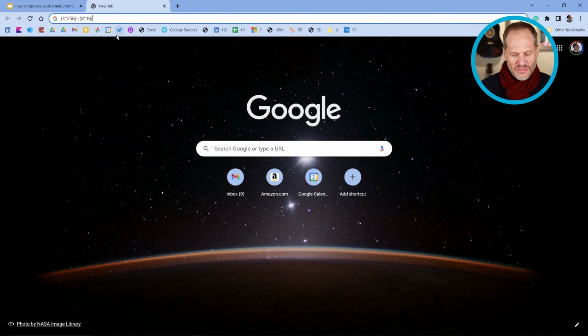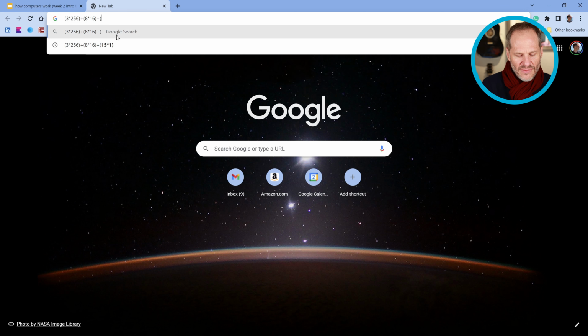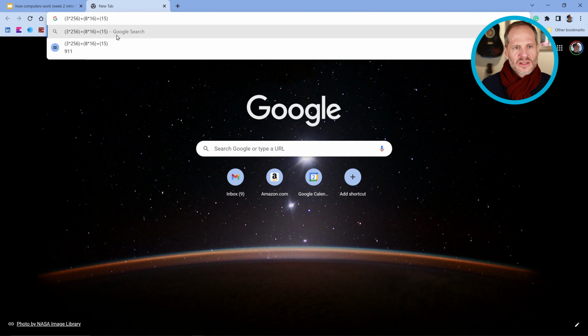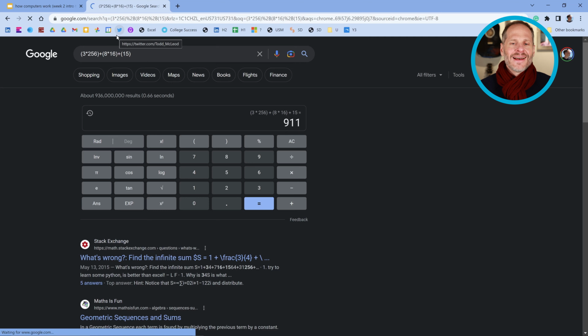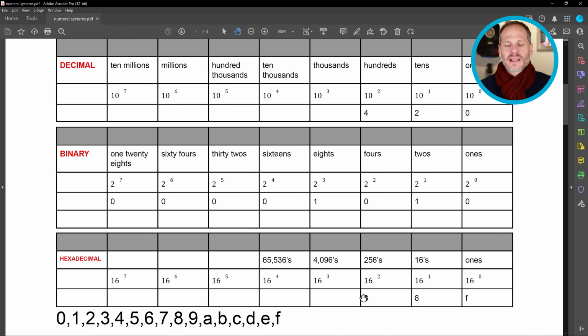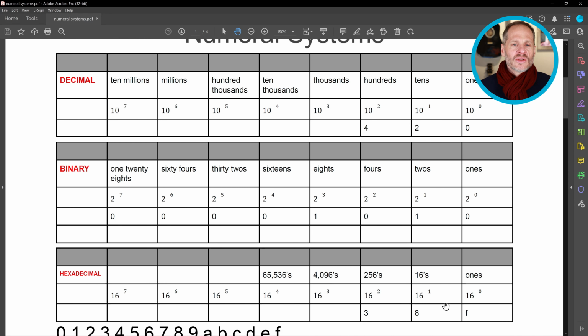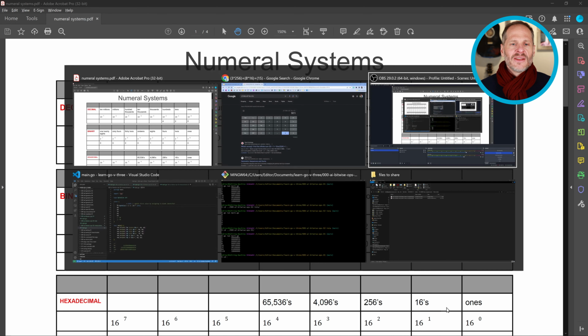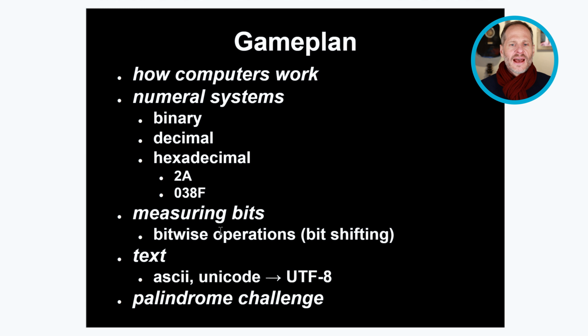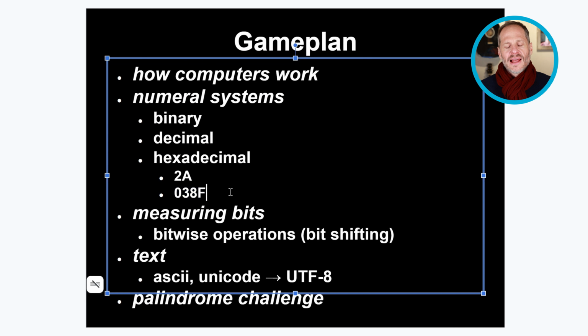So that would be 15 times 1. And so that's our number, 911. And 911 was a license plate I saw on the back of a Porsche 911. And so 38F is how you represent 911. So those are numeral systems, and you now understand why 38F is such a cool number. It's 911, the license plate on the back of a Porsche 911.